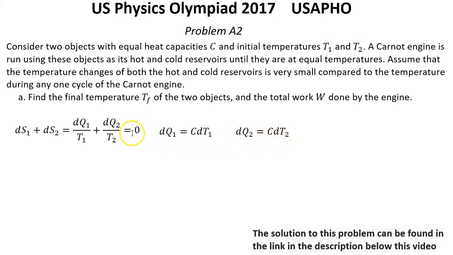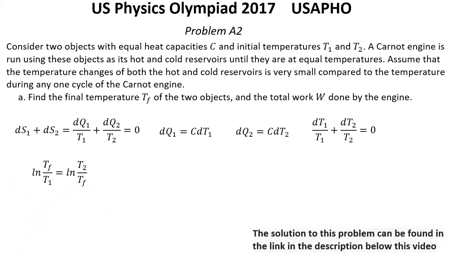Now we can put them in this equation and find that during one cycle we have this equation, where delta T1 and delta T2 are very small, and we can integrate the whole process. After integration we have this equation.